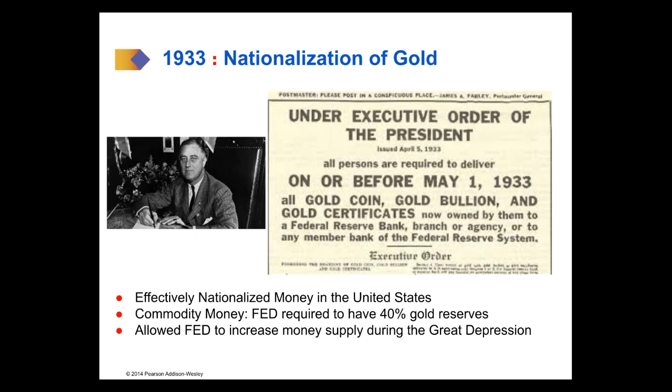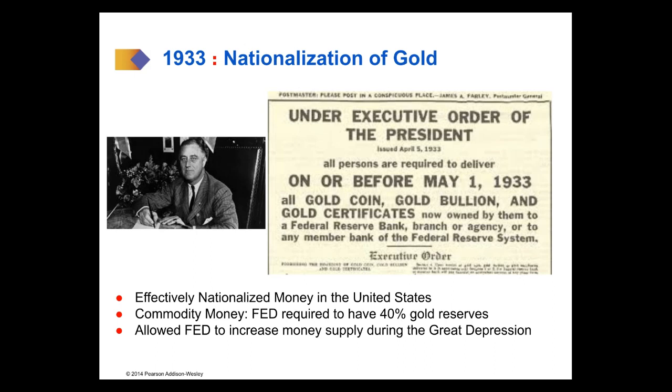Money was nationalized. Now, when they did this, they used the gold to back money. You couldn't really exchange for it because you couldn't really own it, but there was some correlation between gold and money. So the money was still commodity money, albeit the Fed required only 40% gold reserves.